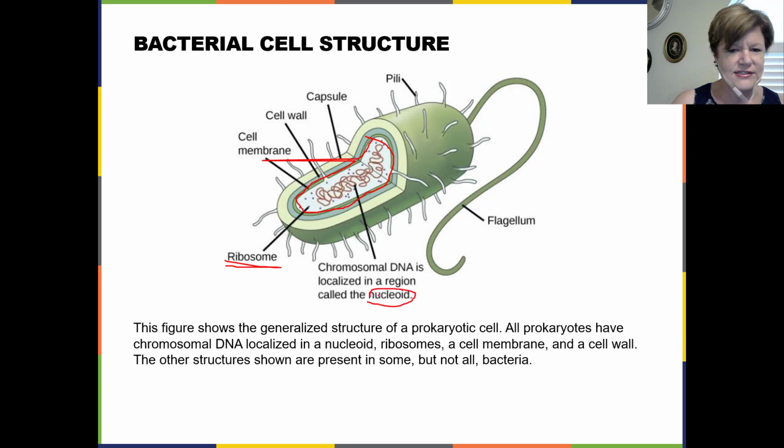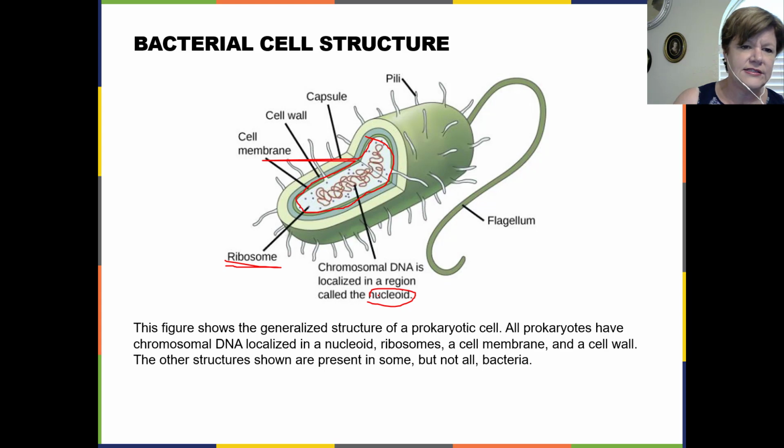But it's not a separated part of the cell because bacterial cells don't have any membranes other than the plasma membrane. So it's sort of like if you have some yarn and you twist it up and put it in one spot, it's still interacting with the rest of the fluid inside the cell. We call that the nucleoid region. That's where the DNA is.